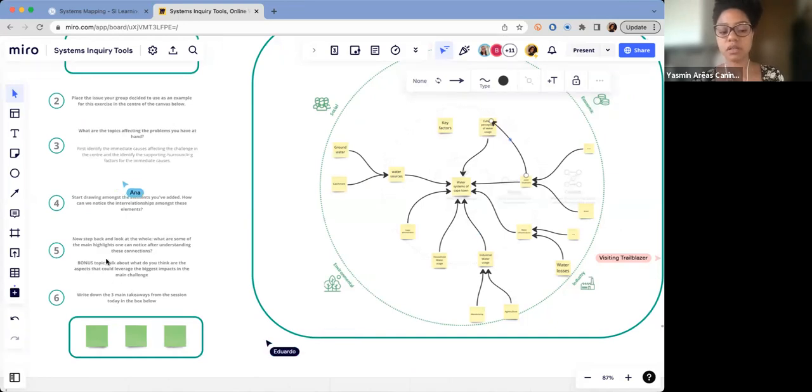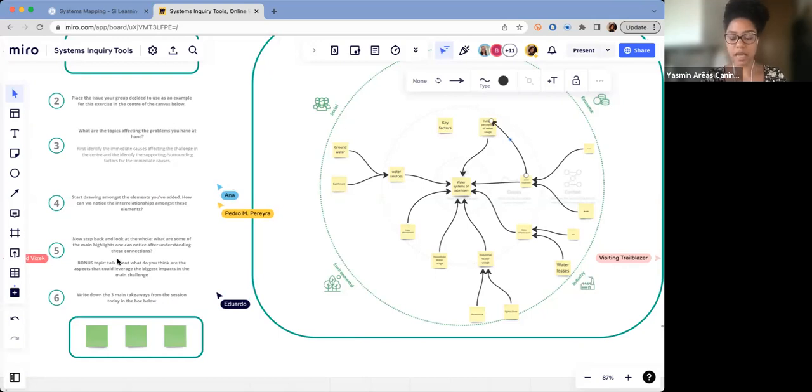Sometimes people don't have much time for this one, so if you have time, you can address it. What are the leverage points here that could create the biggest impact on the main challenge that you have?